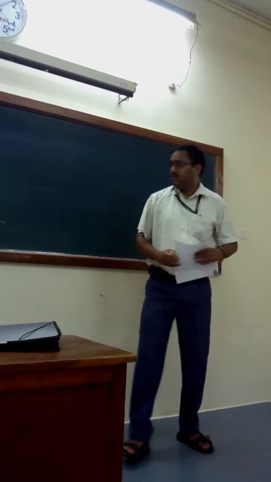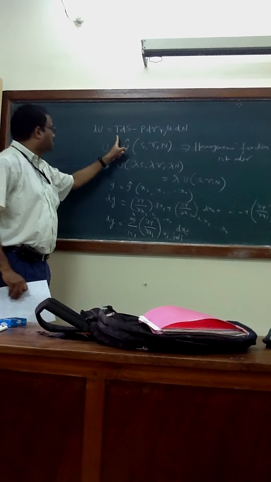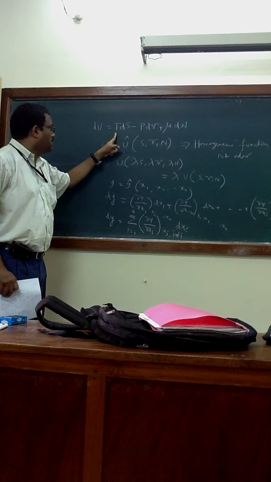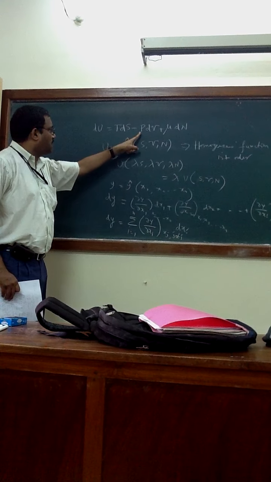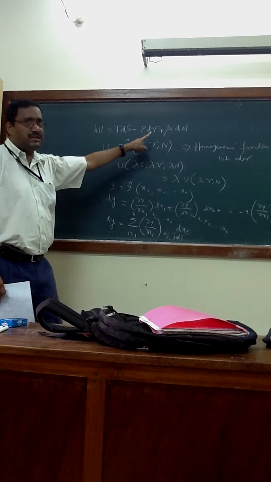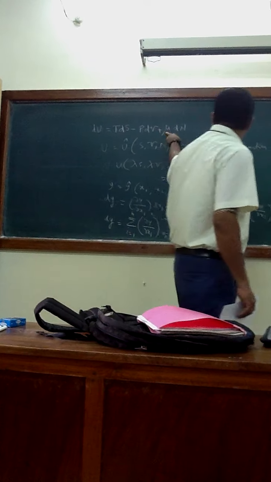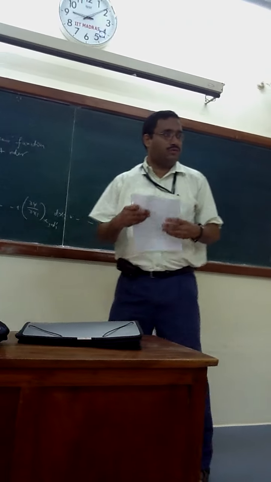This is the generalized function, and from here we can see there are only 3 variables. So T is dou U by dou S at fixed V and N, P is dou U by dou V at fixed S and N, and mu is dou U by dou N at fixed S and V. Up to this everything is quite clear to you, right?